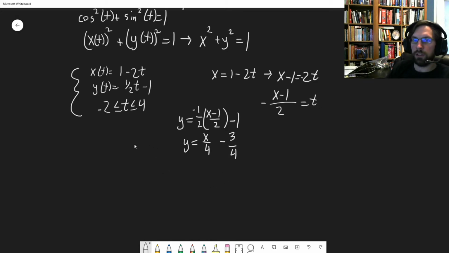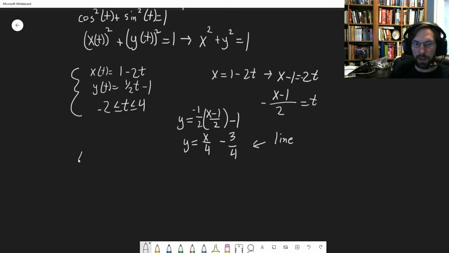Okay, but let's draw this out. First off, we know looking at this it's a line, because that's y equals mx plus b. If this is a line, we can plug in our endpoints and connect them with a line.